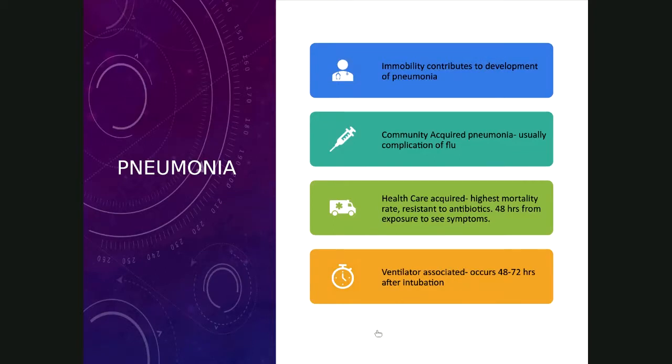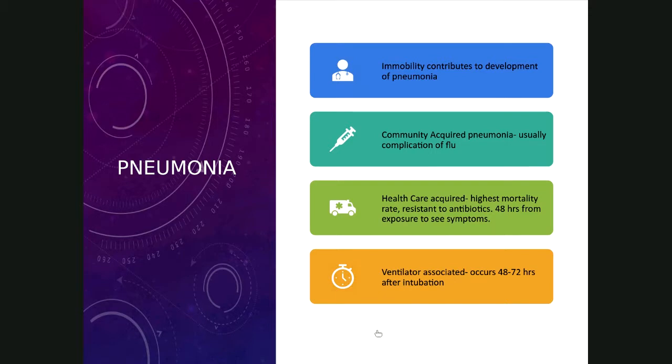And last, but not listed on here, is aspiration pneumonia. You will see this in patients who have had strokes, or patients who are older and have difficulty chewing or swallowing. You get food in the lungs, that food hangs out in the lungs, bacteria grows, and then they get pneumonia.